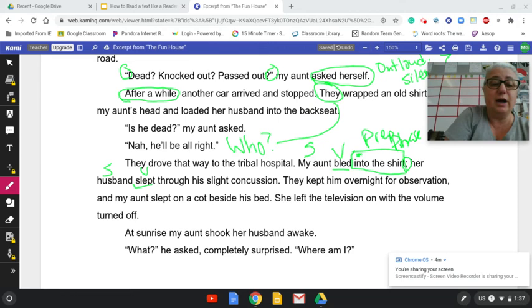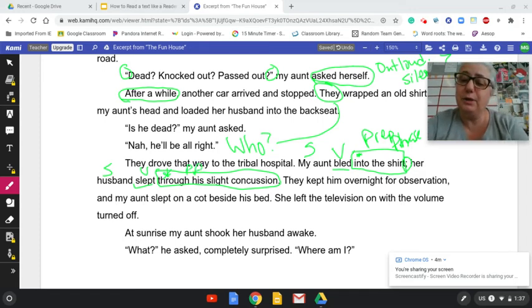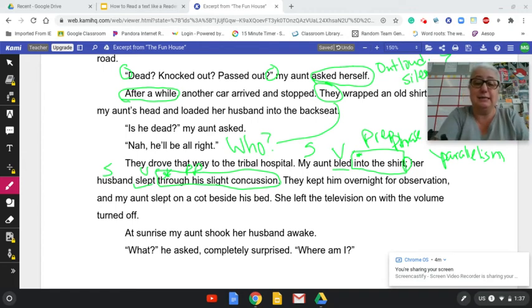And here we've got another prepositional phrase with "through" as our preposition. That's an example of parallelism, where you write two sentences right next to one another that have the same pattern. In this case, it's subject, verb, prepositional phrase. So really interesting use of writing.